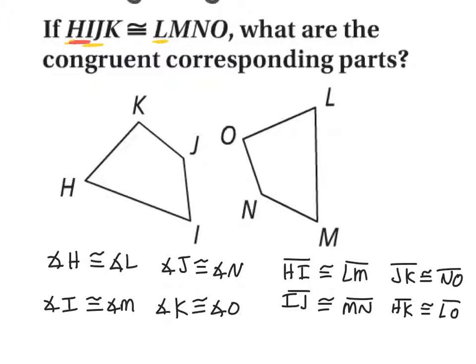So angle H is congruent to angle L. Angle J is congruent to angle N. Angle I is congruent to angle M. And angle K is congruent to angle O.